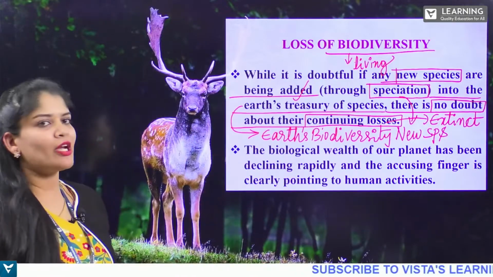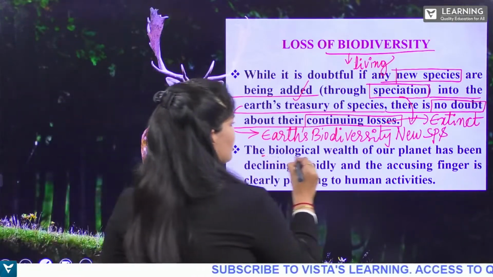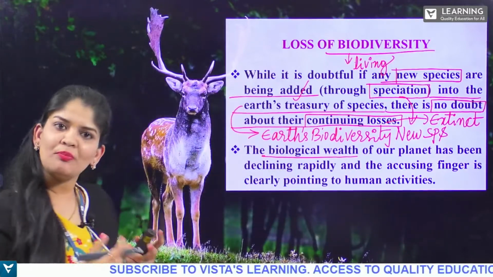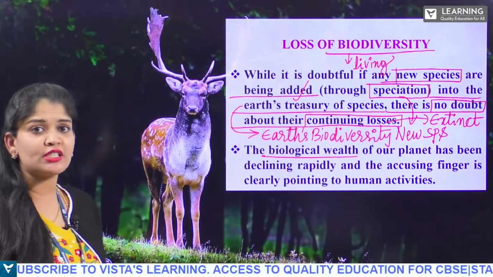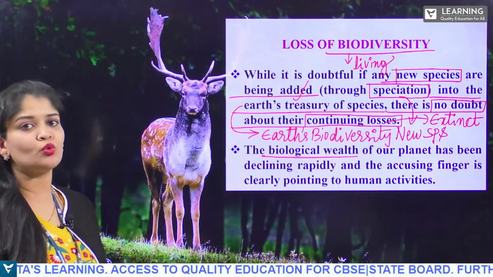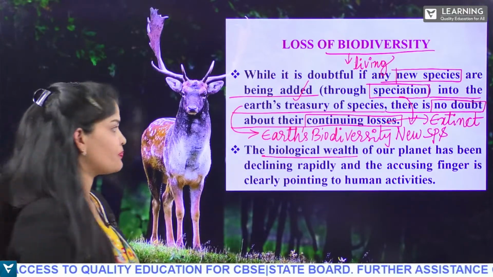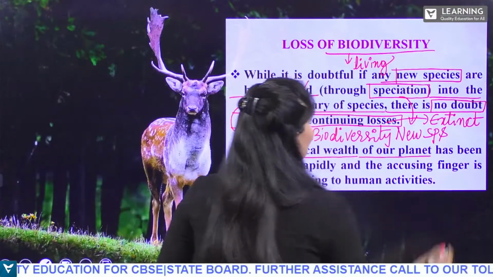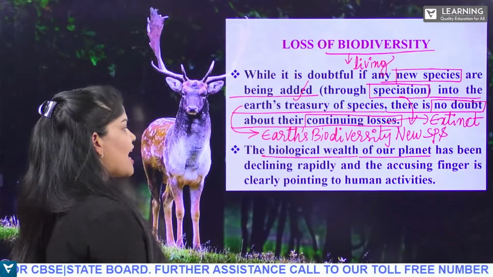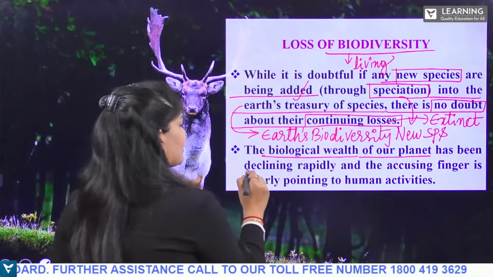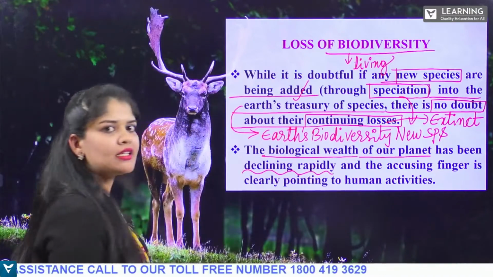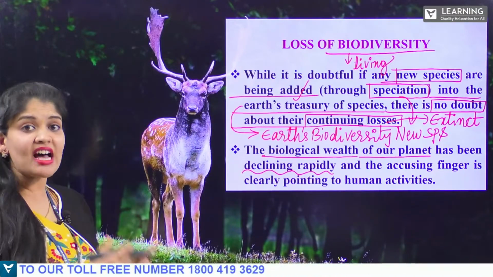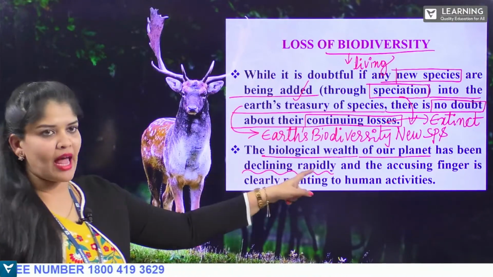The biological wealth of our planet Earth, which is nothing but biodiversity, the variety of species of plants and animals that exist on our Earth, has been declining rapidly, at a faster rate.